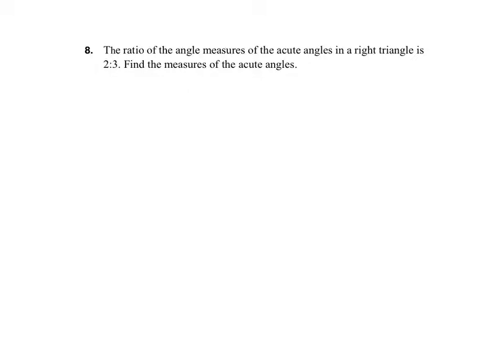The ratio of the angle measures of the acute angles in a right triangle is 2 to 3. Find the measure of the angles. Since they're in the same ratio, I'm just going to apply a variable. So 2x plus 3x equals 90. Why a variable? Because when they are in a ratio, there's a number that I can multiply both of them by that is the same number.